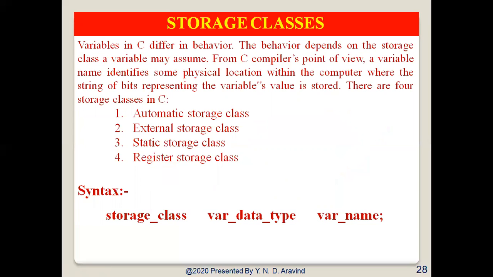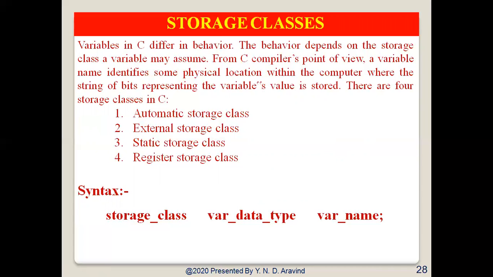A variable name identifies a physical location within a computer. Variables in C differ in their behavior, and this behavior depends on the storage class. From the C compiler's point of view, a variable identifies some physical location within the computer.